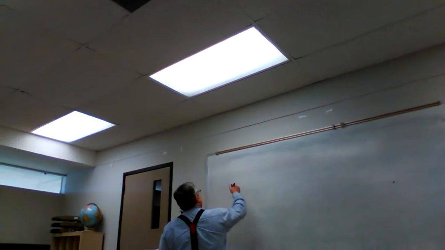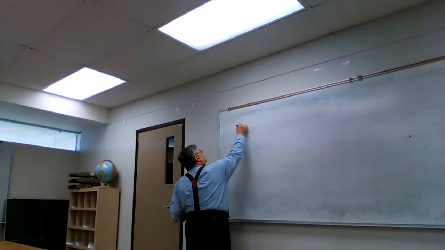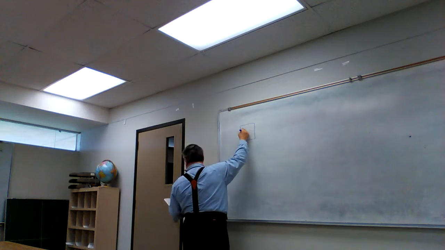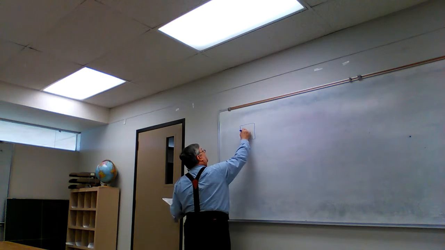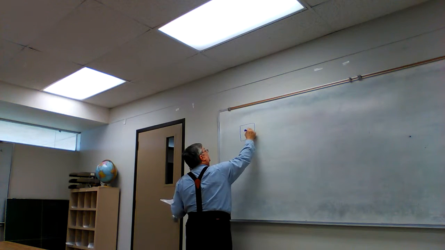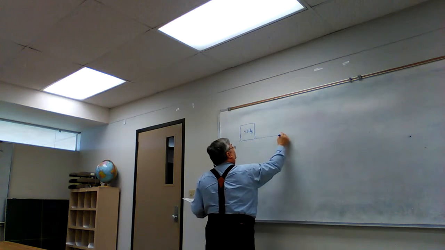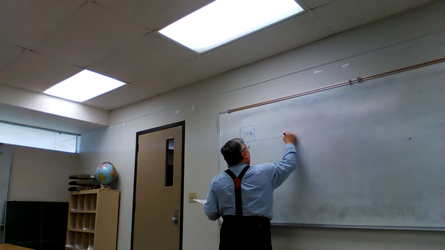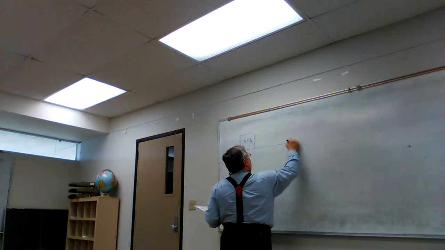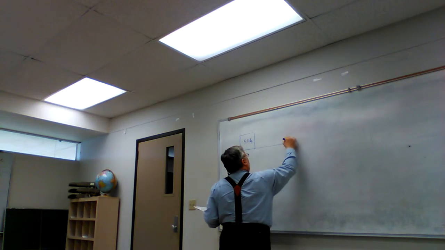So we're going to start with a box on a table that has 5.0 kilograms of mass. There's your pulley.